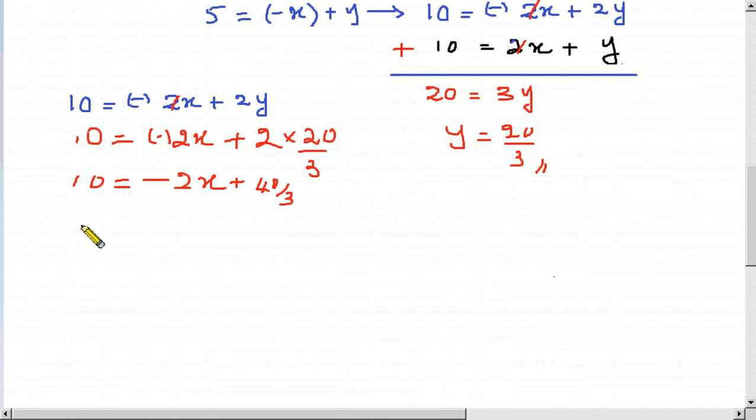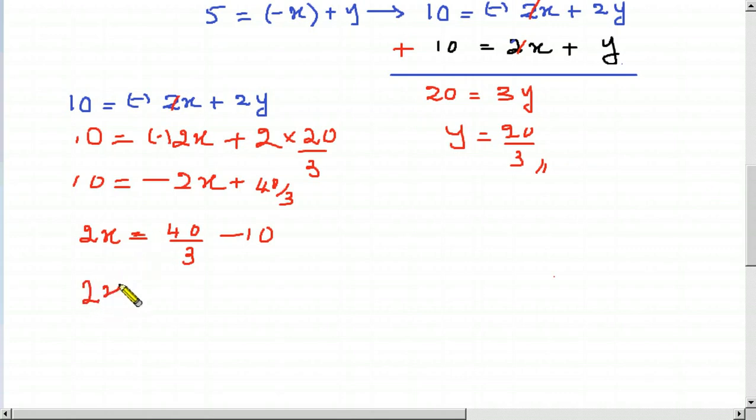So let us isolate 2x. Taking 2x to the left side, it becomes positive, then 40 divided by 3 minus 10, we took 10 to the right side, and 40 divided by 3 as it is.